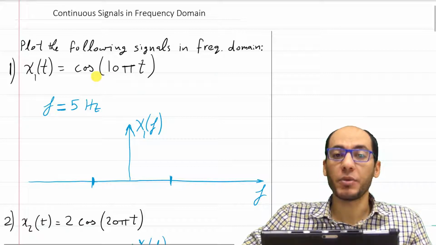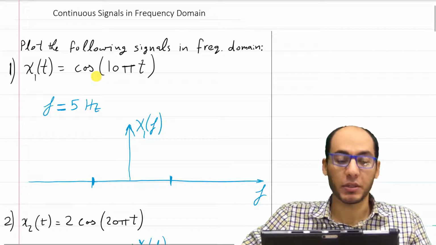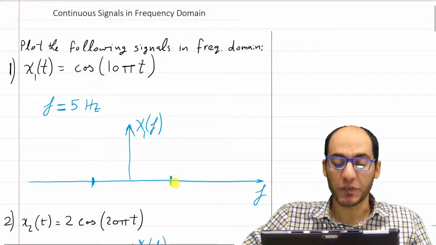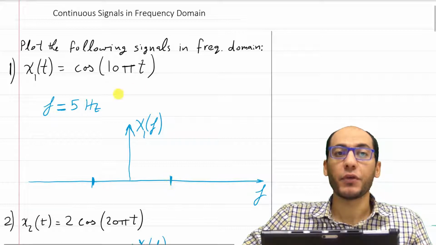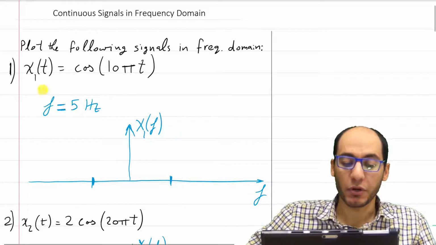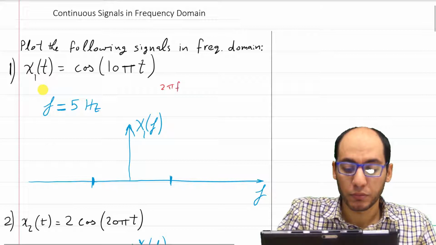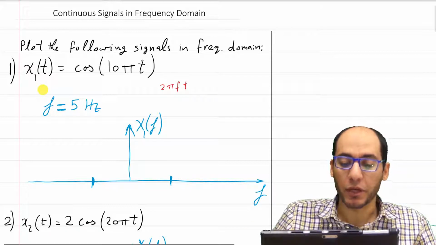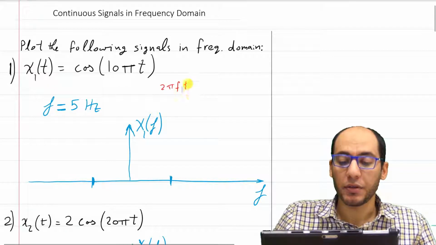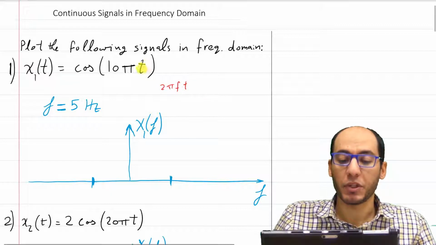The cosine in the frequency domain is a delta, and actually it's a pair of deltas, one at the negative and one at the positive. But where are they located? They're located at the frequency, which is 5 hertz. How did I know that it is 5 hertz? Because 2 pi f is equal to the angular frequency, and the t here is multiplied by the angular frequency.